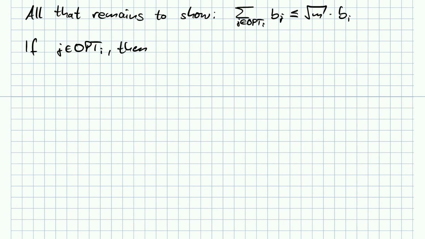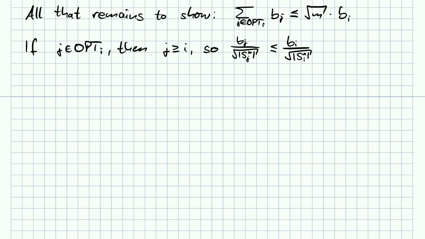This means that j is at least i, so bj divided by the square root of the size of Sj star will be no larger than bi divided by the square root of the size of Si star.